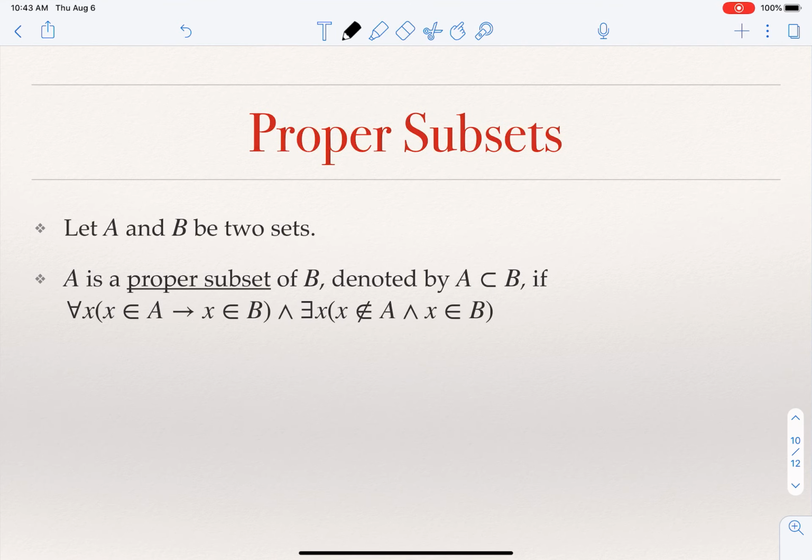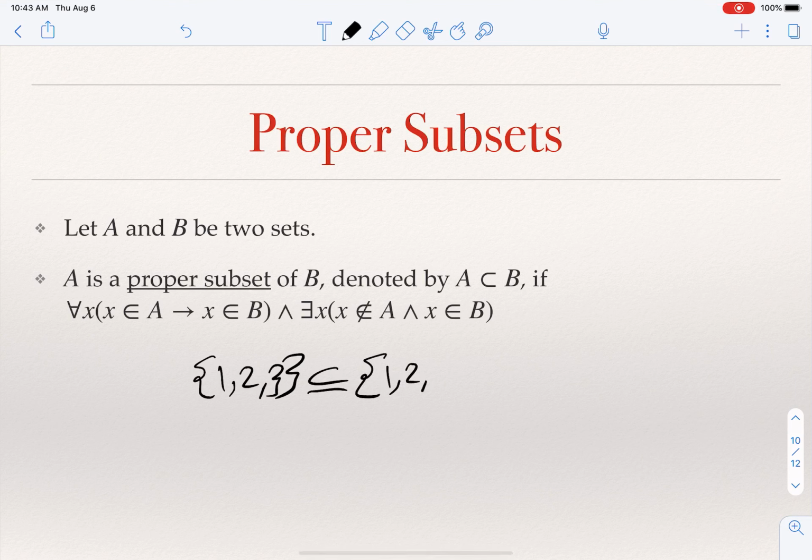In addition to subset, we also talk about proper subsets. When we talked about subset, remember that {1, 2, 3} is a subset of {1, 2, 3}, right? But this is not a proper subset because they are equal sets. A proper subset means I have a subset of the elements, but not all the elements.